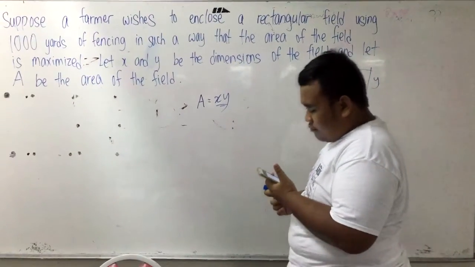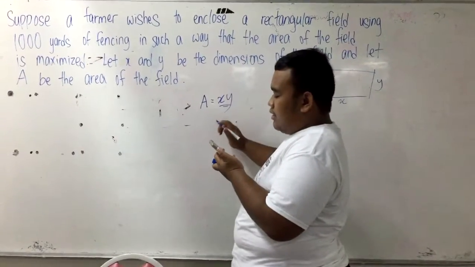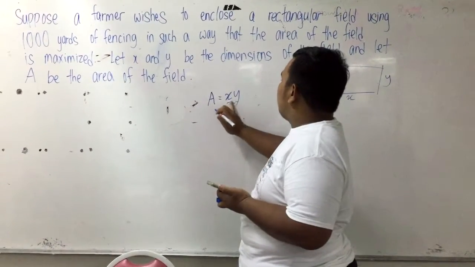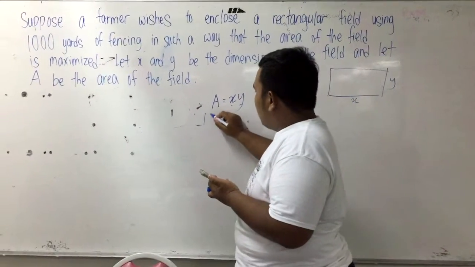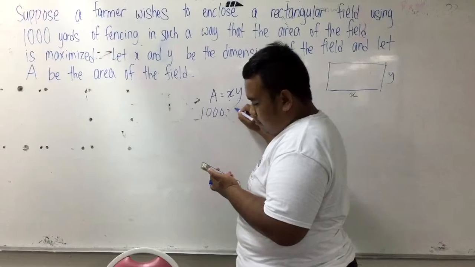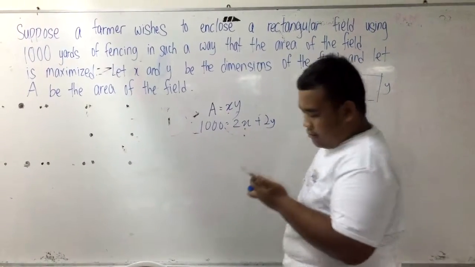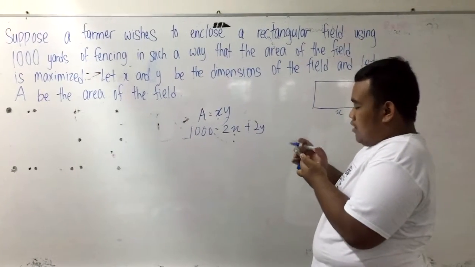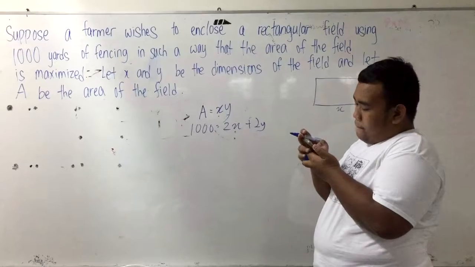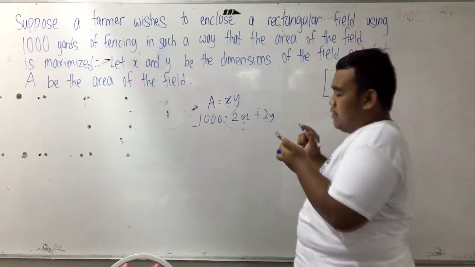Then in this question, the perimeter formula for the rectangular field is given: 1000 is equal to 2x plus 2y. Now what we have to do is make it one unknown first.